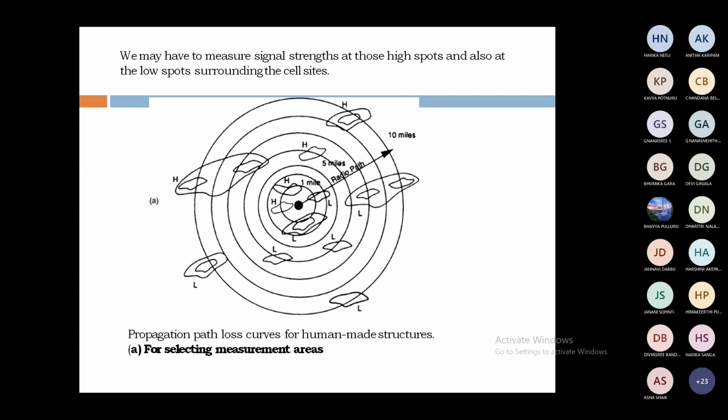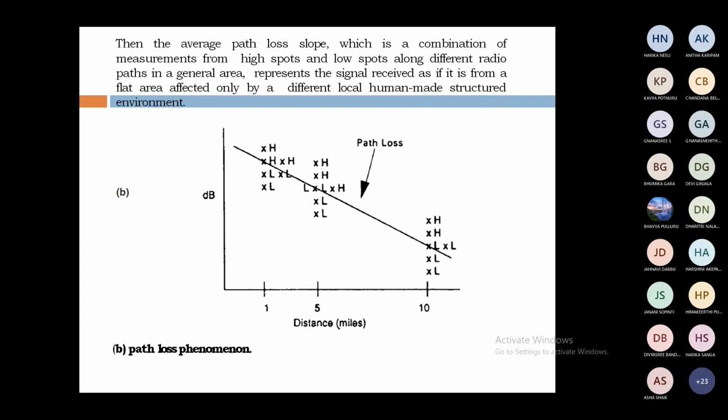These are the propagation path loss curves for human-made structures. From this picture, we have to draw the path loss phenomena. We take the x-axis as distance and the y-axis as signal strength in terms of dB. For the first mile, note down the measured data and draw cross marks.